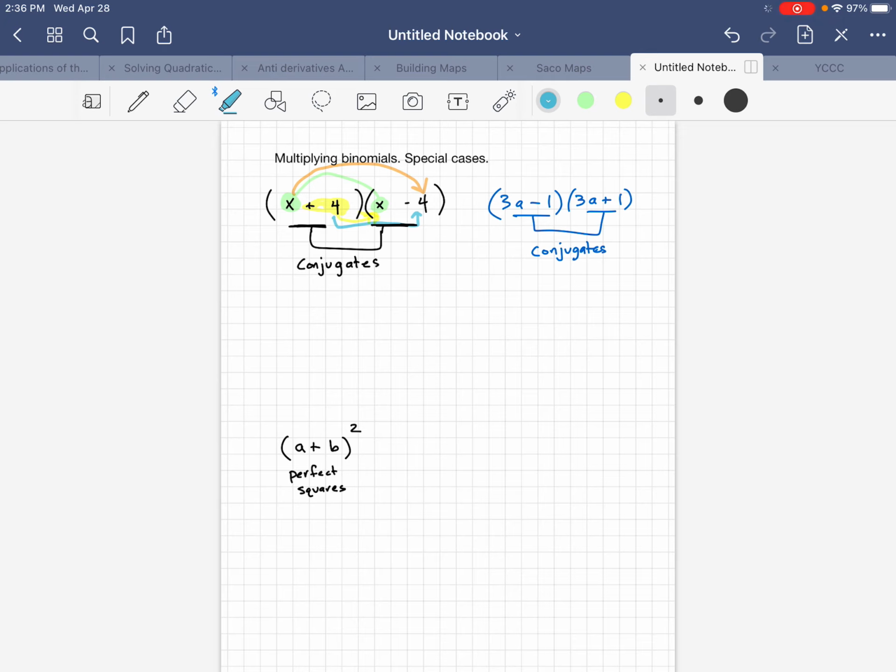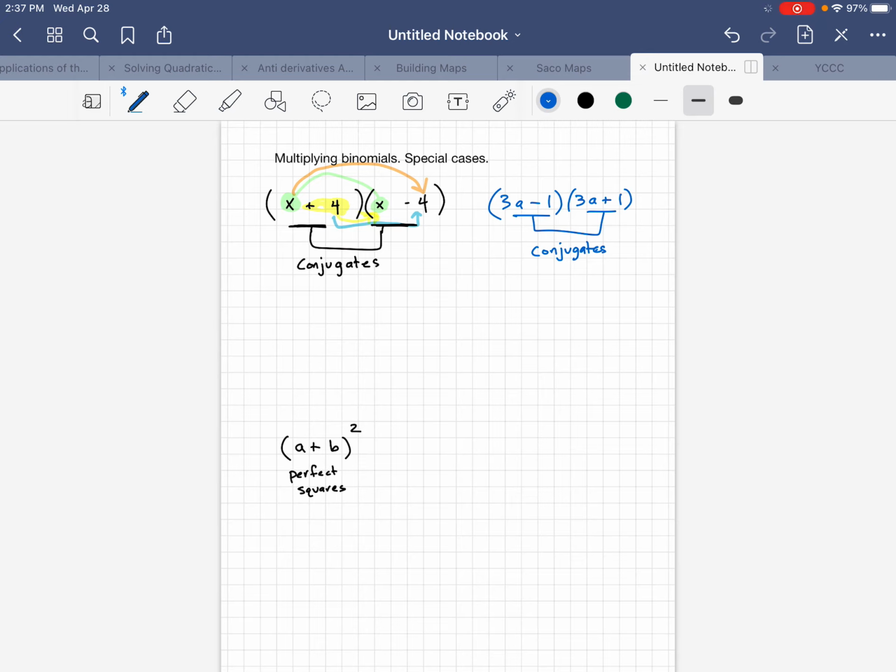When the values are conjugates, every single time the two middle values are going to cancel out. See how we have a negative 4 times x, which would give us a negative 4x, and then a 4 times positive x here would give us a positive 4x, right?